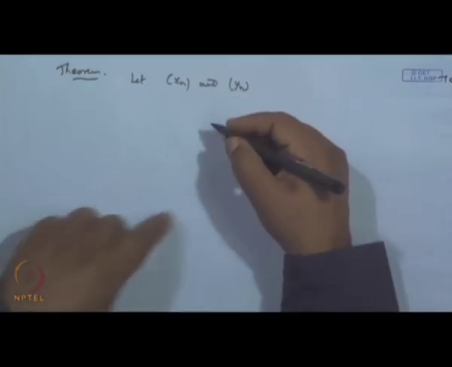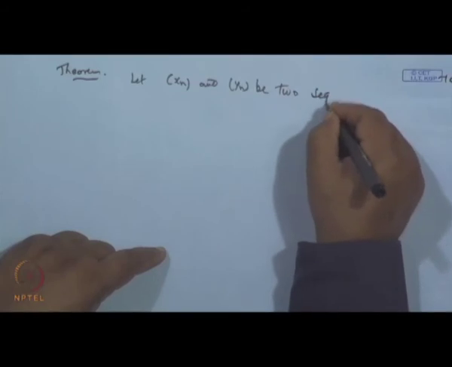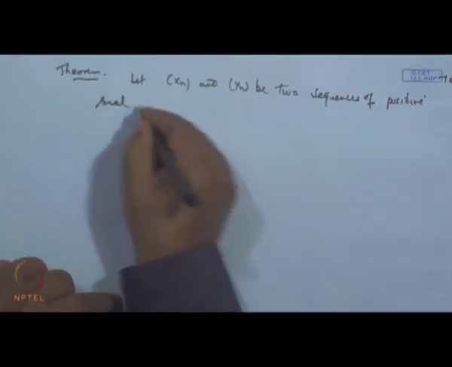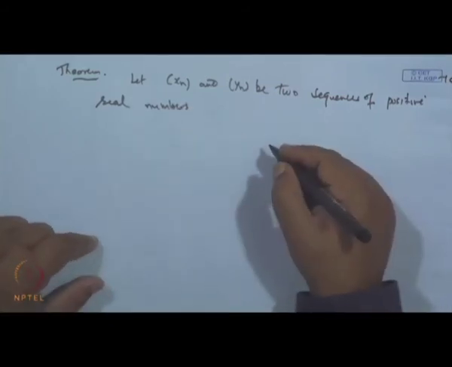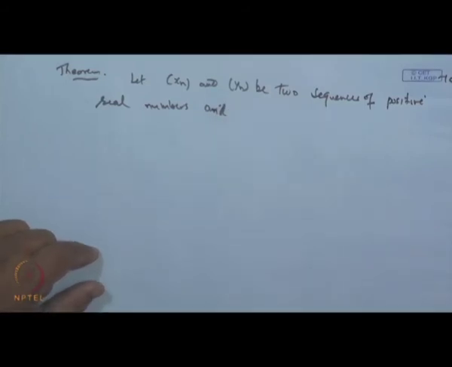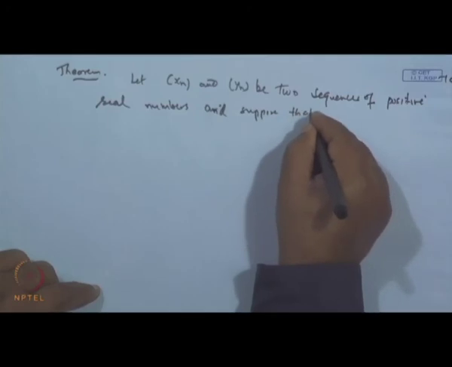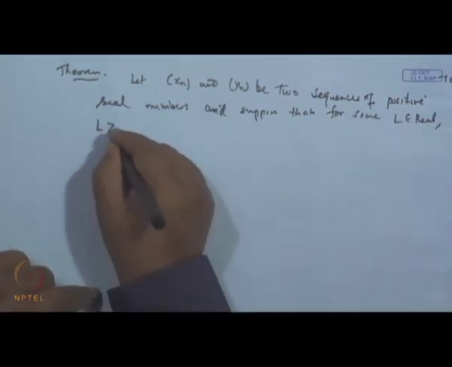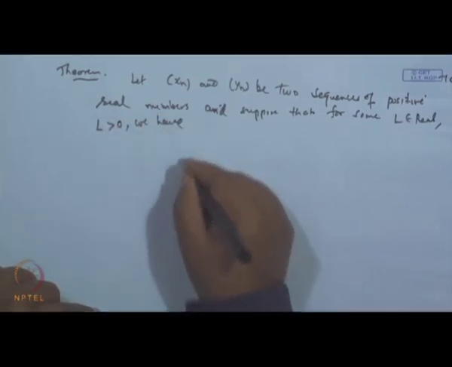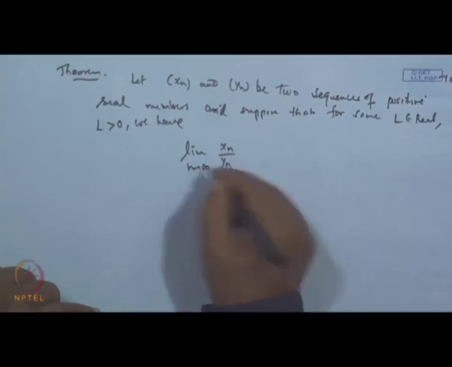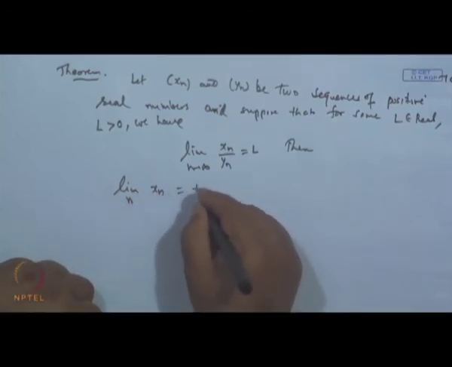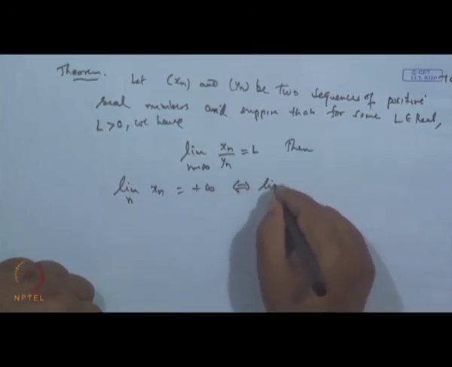Let x n and y n be two sequences of positive real numbers, and suppose that for some real L which is positive, we have limit of x n over y n as n tends to infinity is L. Then limit of x n is infinity if and only if limit of y n is infinity.